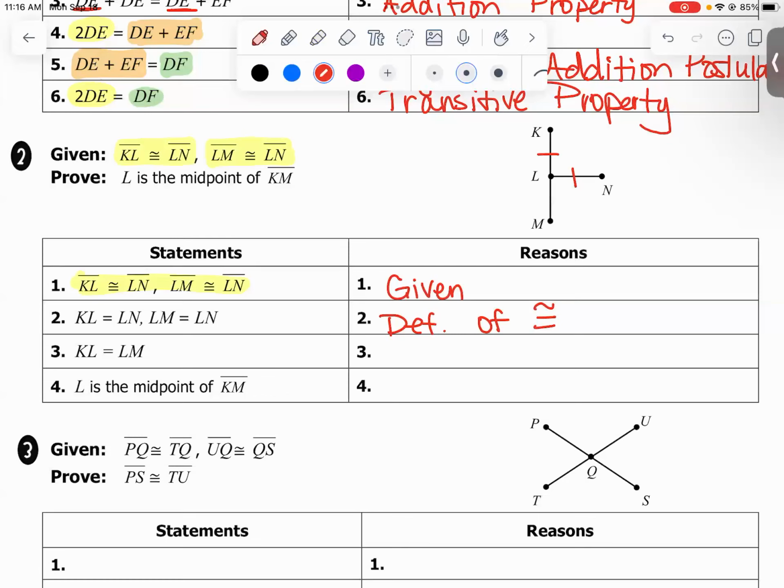If you only have the squiggle, then that's approximately.